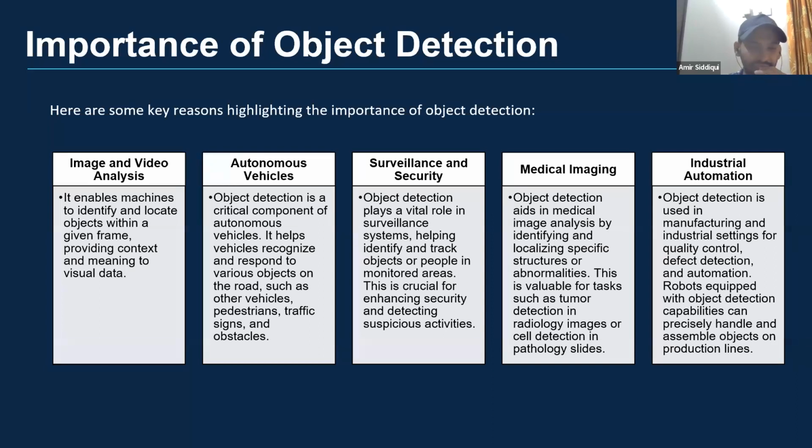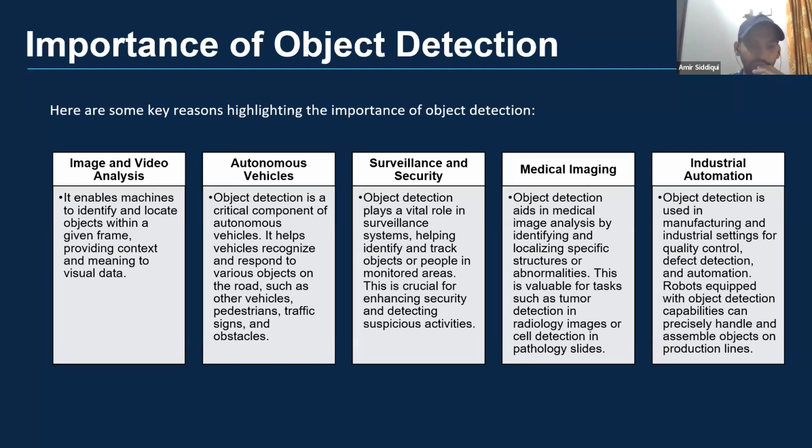So once this car starts running on the road, it will identify, okay, this is an object, let's not go there. Then it will find that, okay, this is another car, so I have to stay away from this car, otherwise it will meet with an accident.